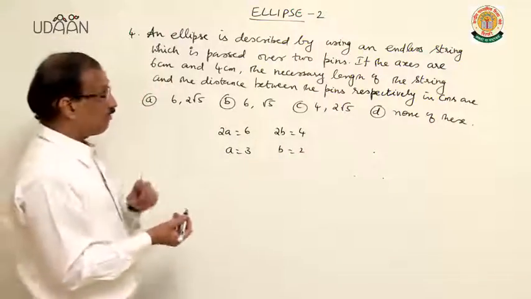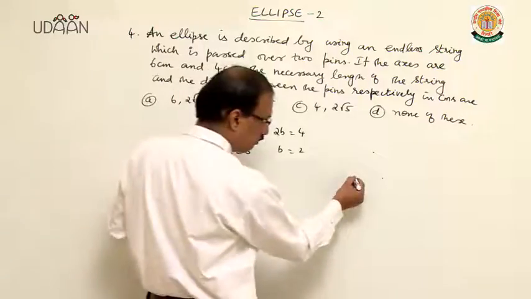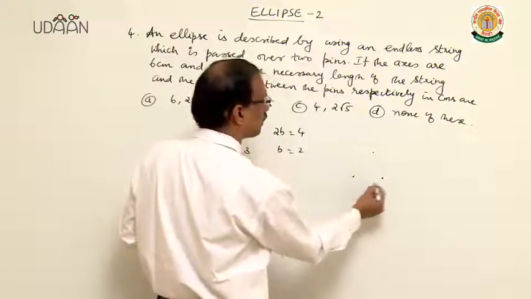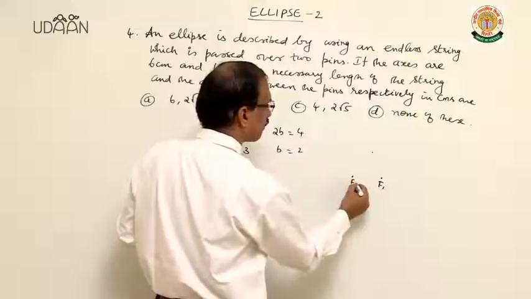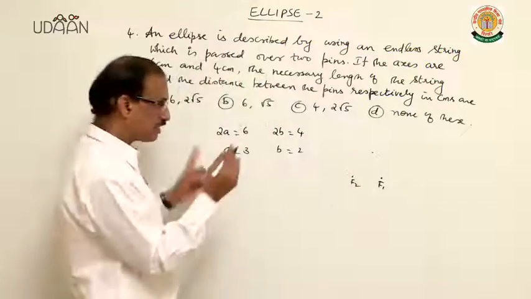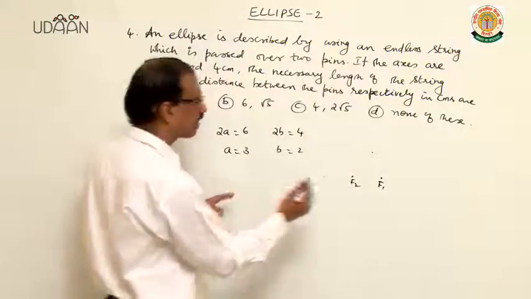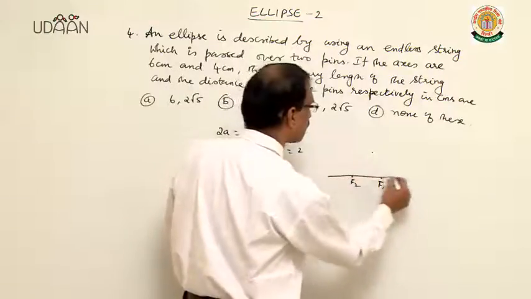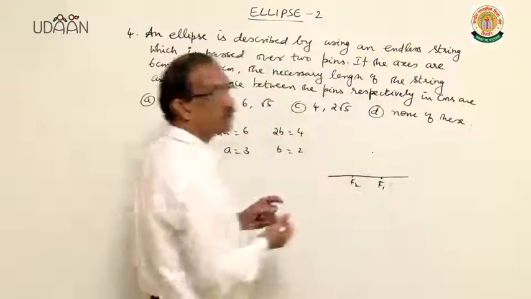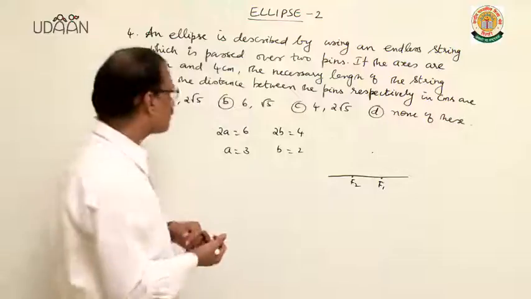We know that these two fixed points are the foci F1 and F2. Now we have to find the total length of the string.